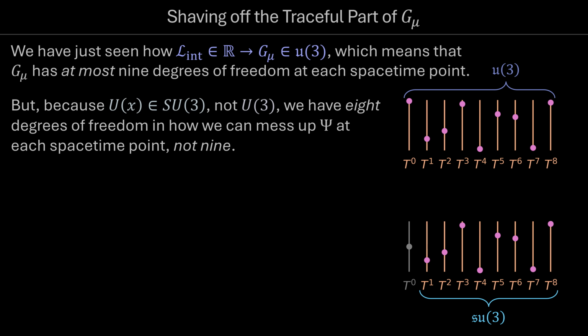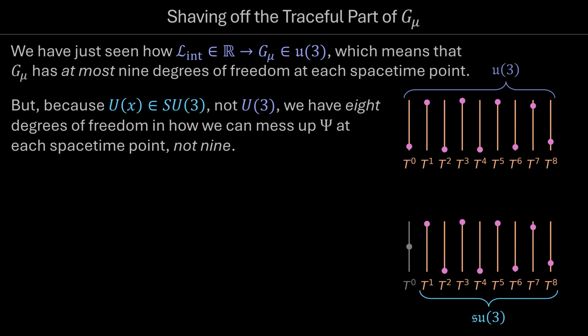But because our transformation matrix field U(x) lives in SU(3), that means we have 8 degrees of freedom in how we can mess up our color triplet wave function psi at each point in spacetime. So that's 8 degrees of freedom, not 9, 8.